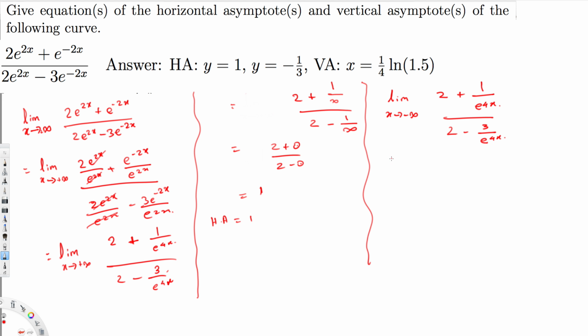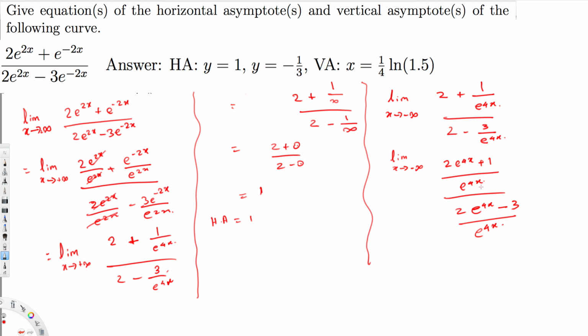If I take that as the common denominator, I will get (2e^(4x) plus 1) over e^(4x), over (2 minus 2e^(4x)... minus 3) over e^(4x).